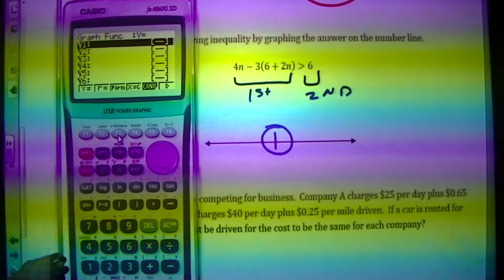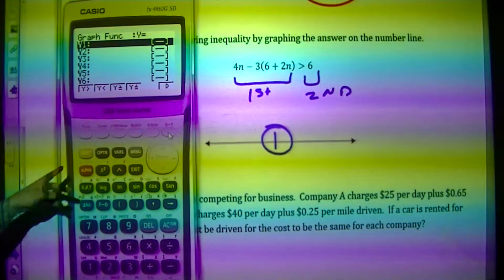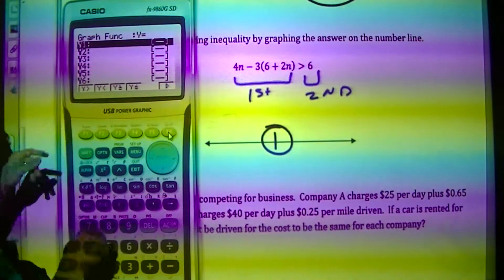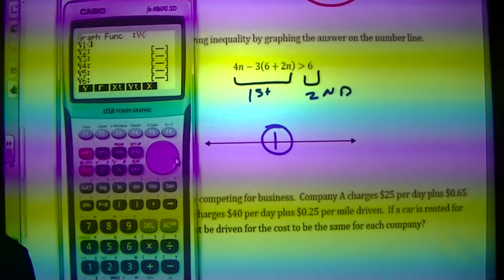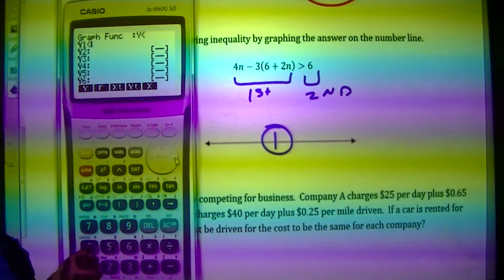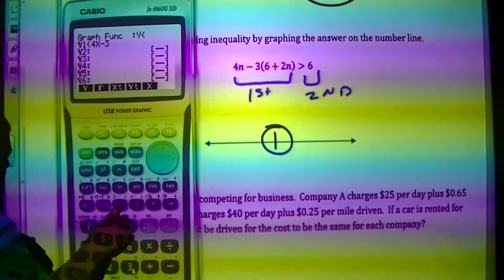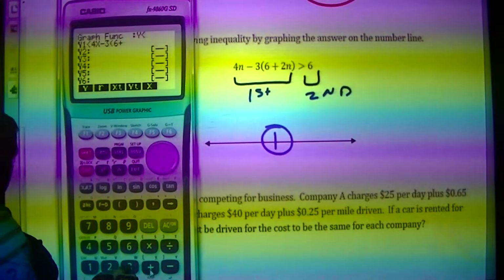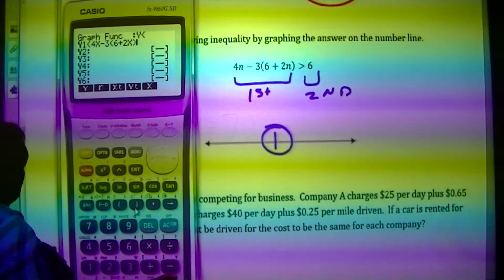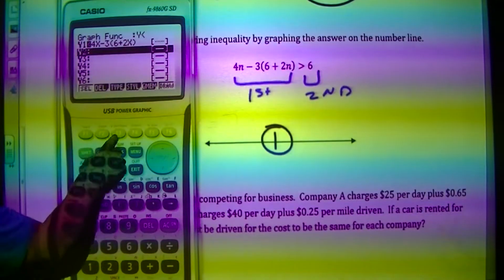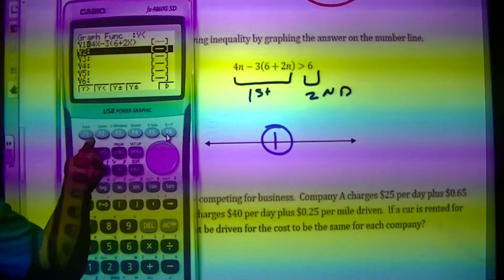I select my type. I want to make sure it's eating that, so I'm selecting this. I double check, is it going to eat my expression? Yeah, 4x minus 3 times 6 plus 2x. Whatever you select for the first one, just flip it around for the other type.